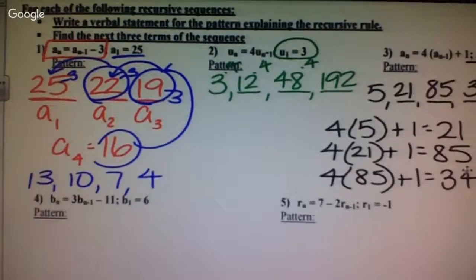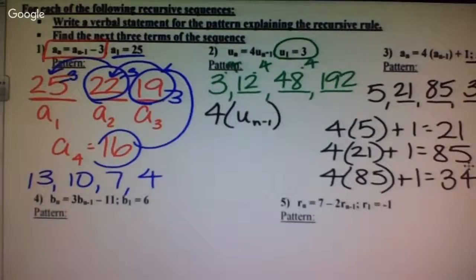So basically, it's just the a sub n minus 1 that confuses me. That's what catches everybody. All that means is, you've got 4 times u sub n minus 1.